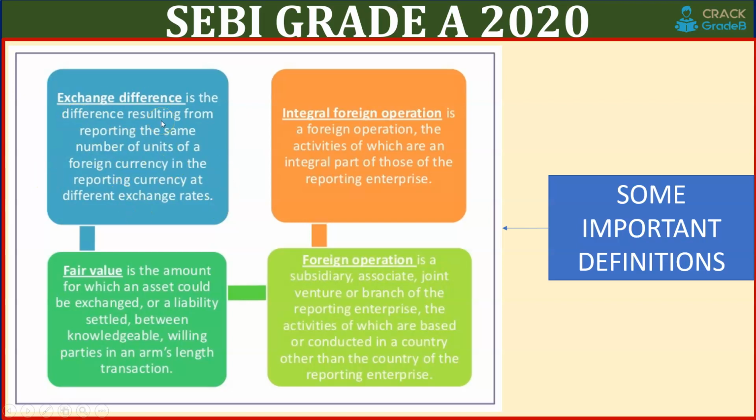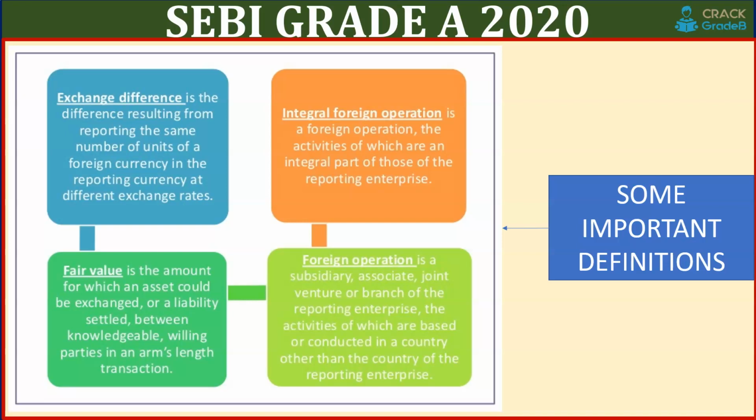It just means like you undertook a transaction and you bought a machinery from New York, or say USA, and you bought it at a price when the rate was $1 equals 70 rupees. But when you had to pay for it, it became $1 equals 72 rupees. Now for every dollar, you have to pay 2 rupees extra.